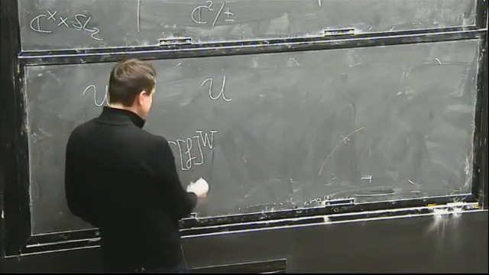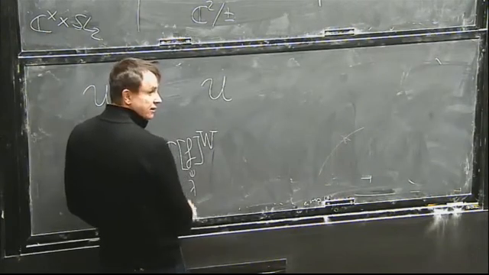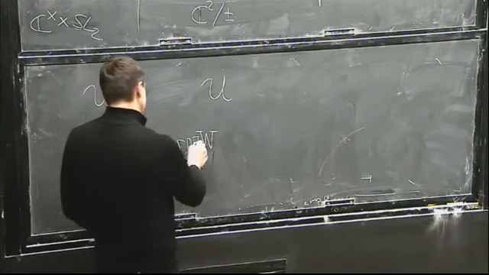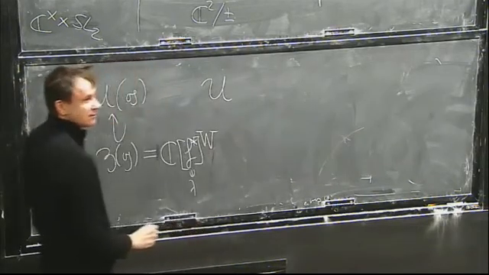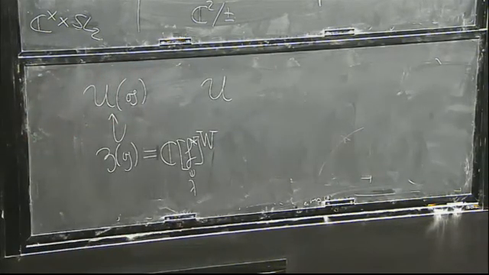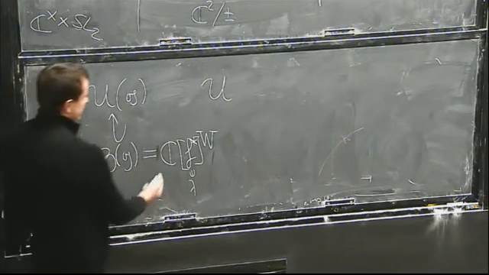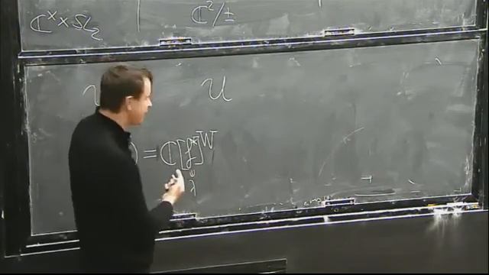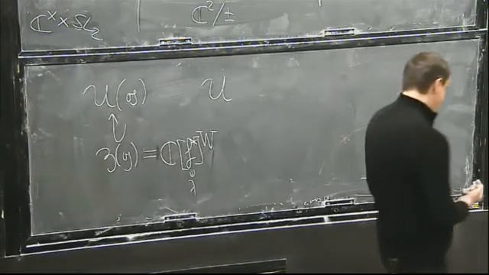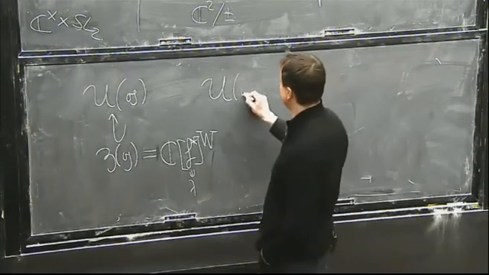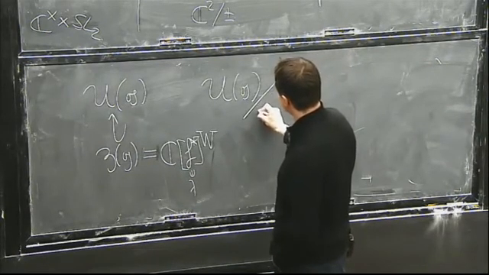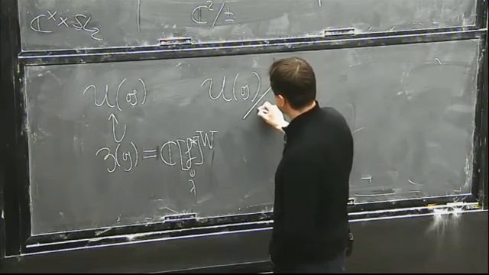A character of the center is just a choice of some element, a point in the dual Cartan, a choice of a highest weight, if you want. And so then I take U of G modulo this character of the center, the given central character.